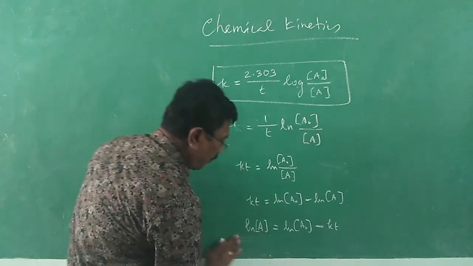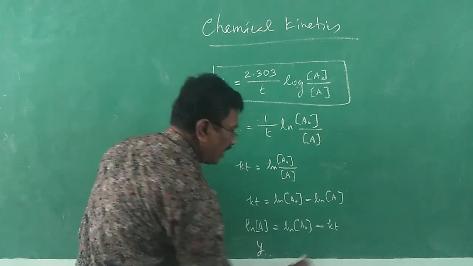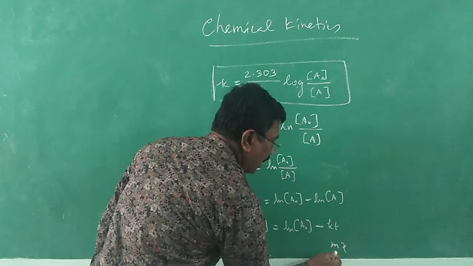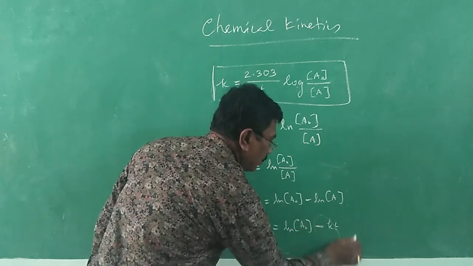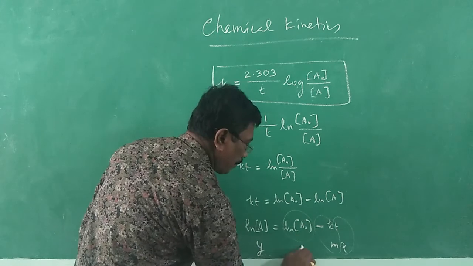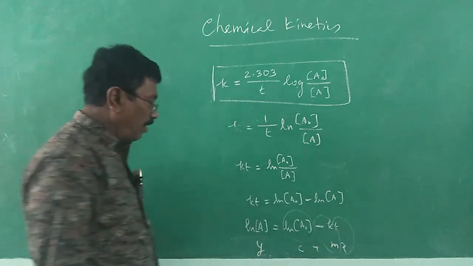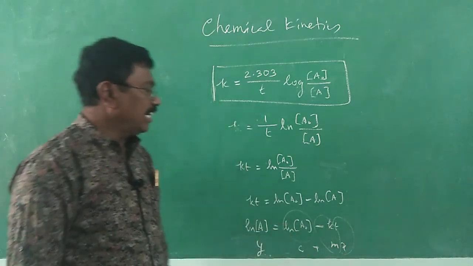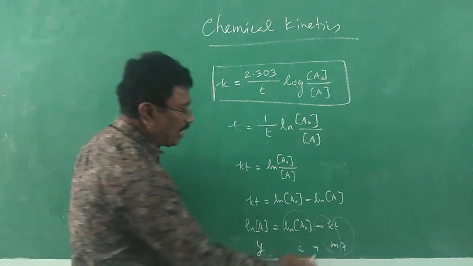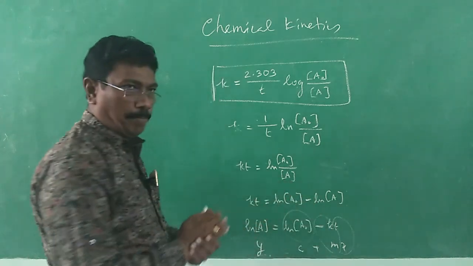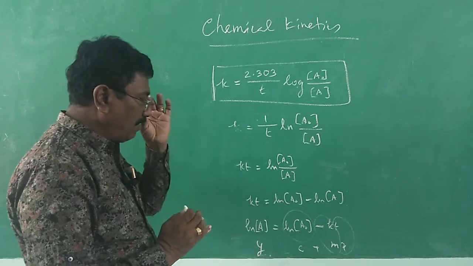This equation is of the form y is equal to mx plus c, an equation for a straight line, where we have slope equal to minus k. What does it mean?